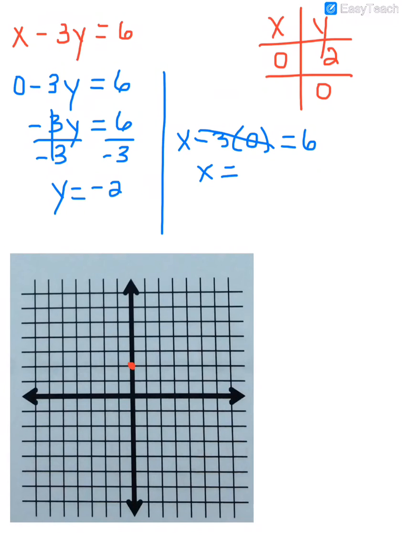So I get x equals 6. So when I plugged in 0 for y, I got out 6 for x, so my x-intercept is 6. So on my x-axis, I'm going to go to the right 6 spaces, 1, 2, 3, 4, 5, 6 spaces, and put my dot. And then I just connect those 2 points to get my line. And that's how we graph by using the intercepts.